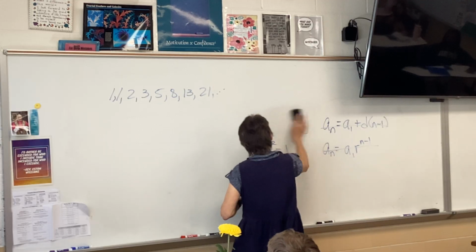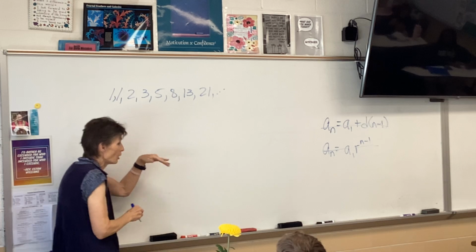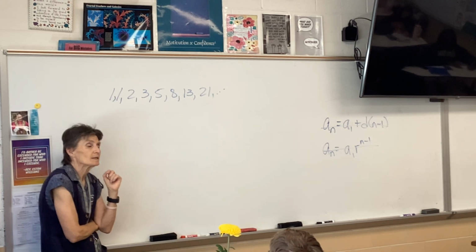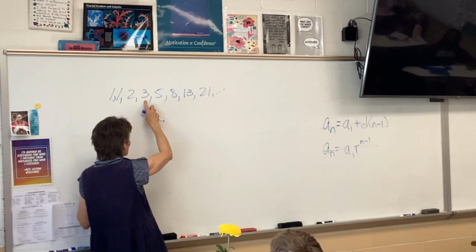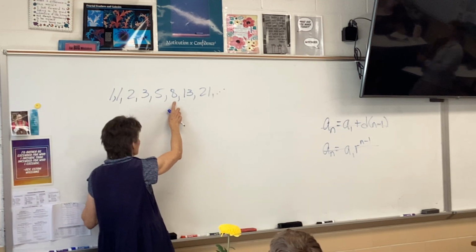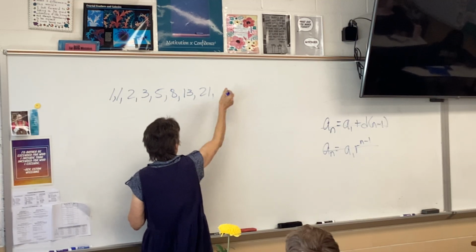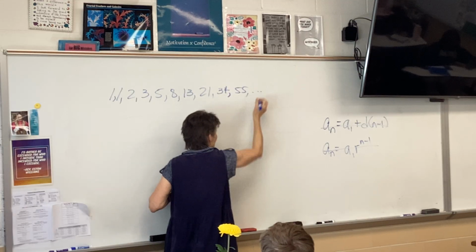So when somebody mentions Fibonacci, you will know what they're talking about. Can you see the pattern here? Yeah, you add the number from before. Exactly, so 2 and 3 makes 5, 3 and 5 makes 8, and so on. So the term that comes after 21 will be 34, and then 55, and so on.